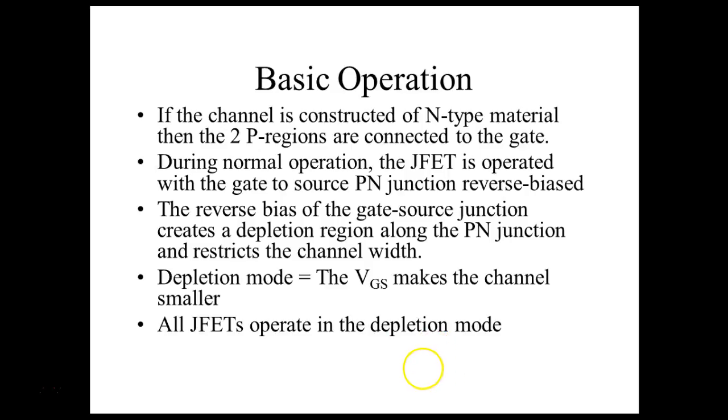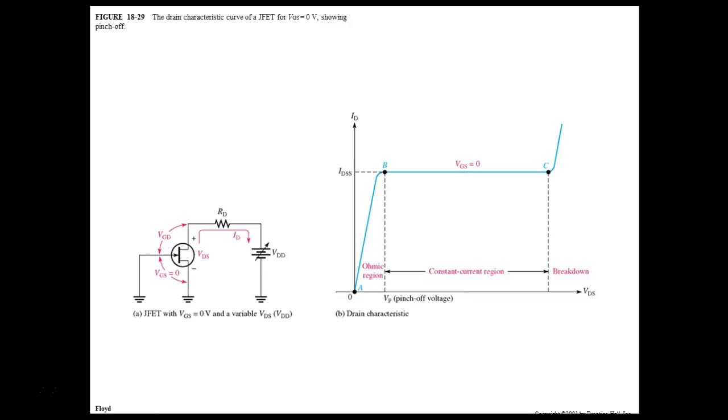And we have two categories. We have JFETs, which we're talking about now, and MOSFETs or IGFETs. So if the gate to source voltage, no matter what type of JFET we have, decreases the size of the channel, this is referred to as depletion mode. All JFETs are depletion mode FETs. That sounds like a good test question too.